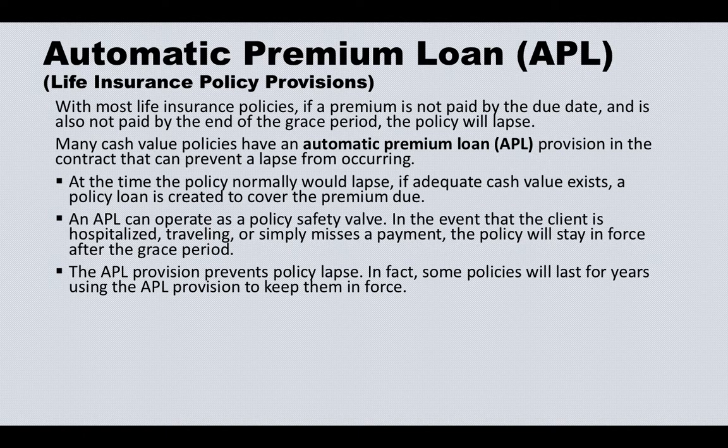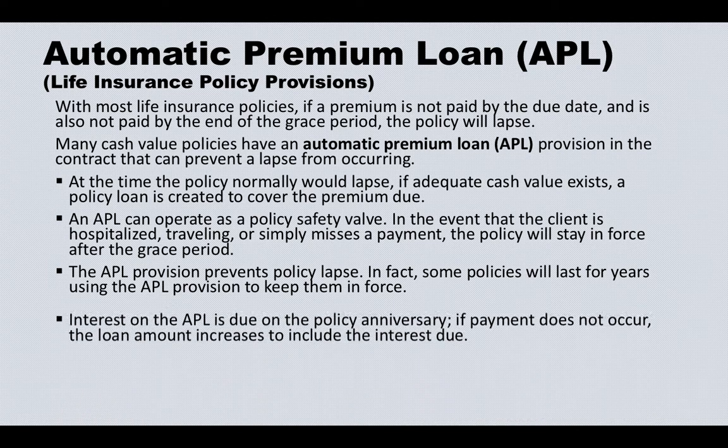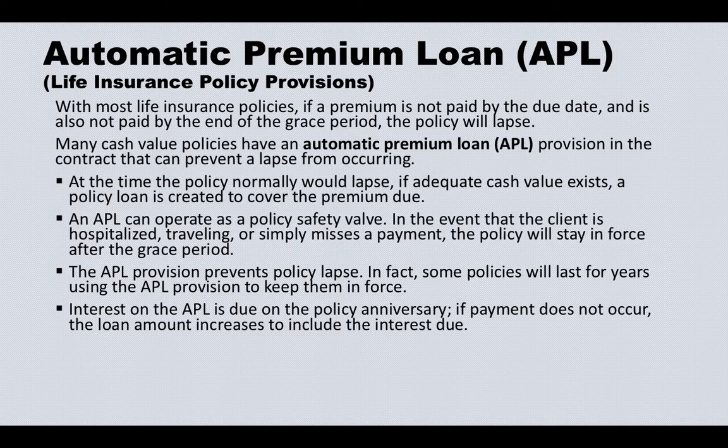That cash value taken out to pay the premium can probably pay for a year's worth. Then interest on the loan is due on the policy anniversary. If the payment does not occur, the loan amount increases due to the interest. This is like compounding, so your loan will increase.